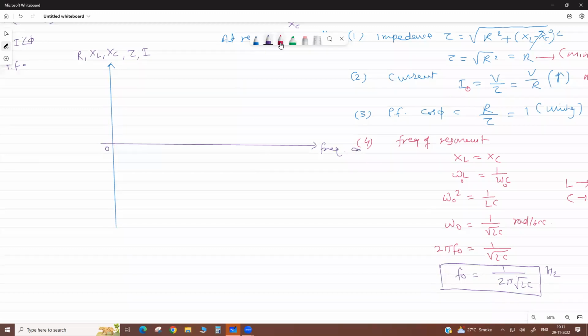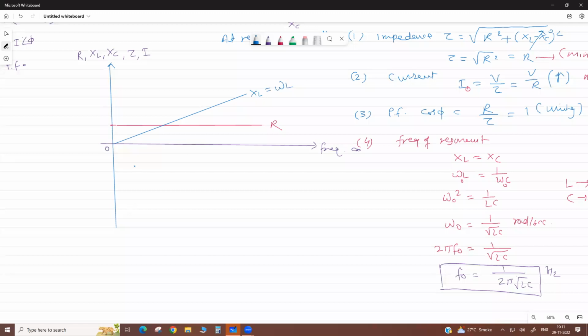The resistance of the circuit is a fixed value, independent of frequency. But the inductive reactance is directly proportional to frequency. At 0 frequency it is 0, and it varies linearly, XL equals omega L.